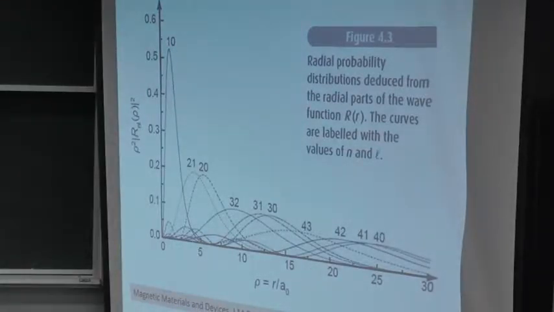If you look at this curve, if you look at the 4f orbitals, this is the 4f orbital, and this is closer to the nucleus as compared to 4s, 4p and 4d. So the 4f is closer to the nucleus.